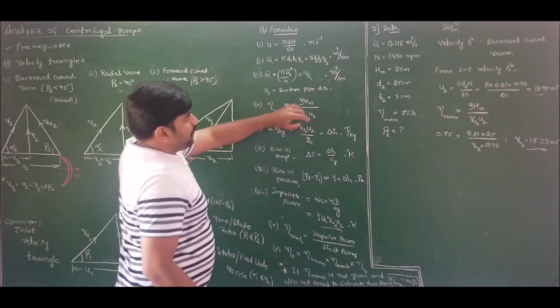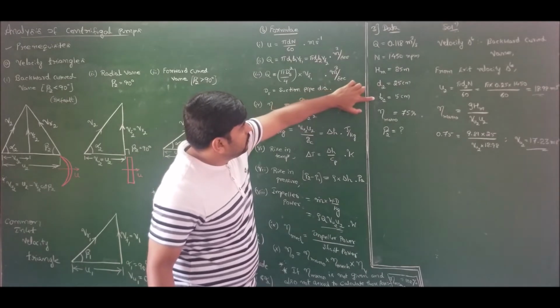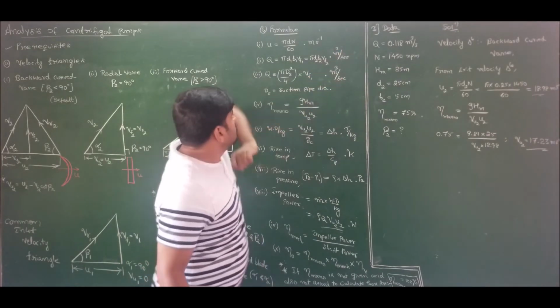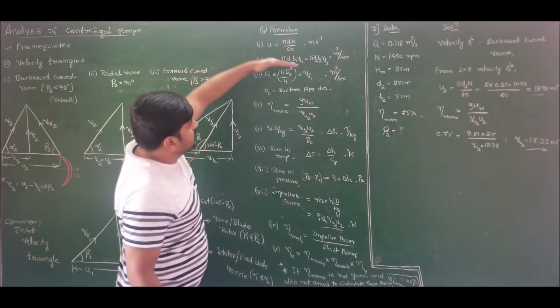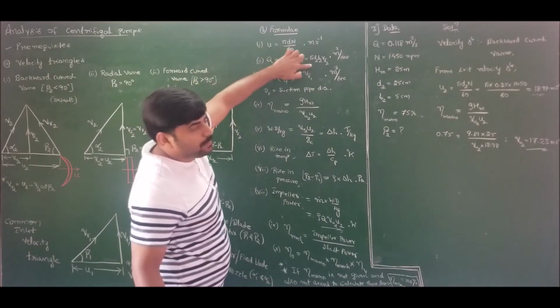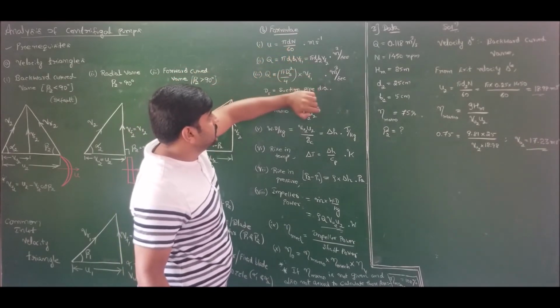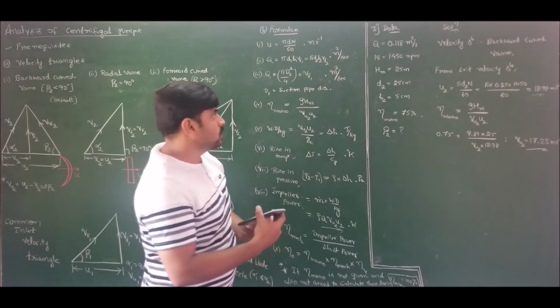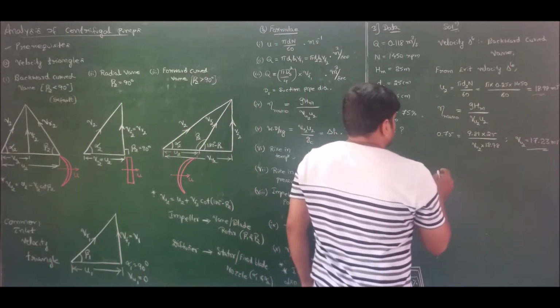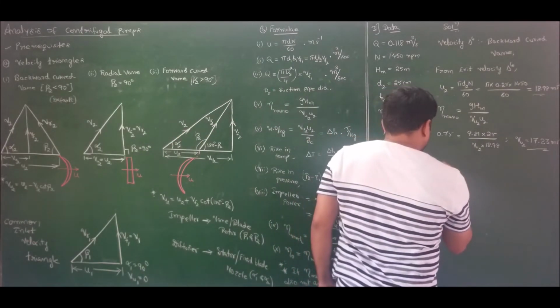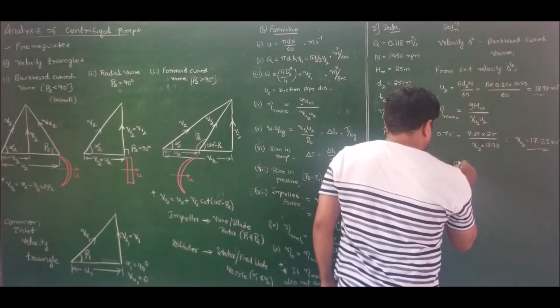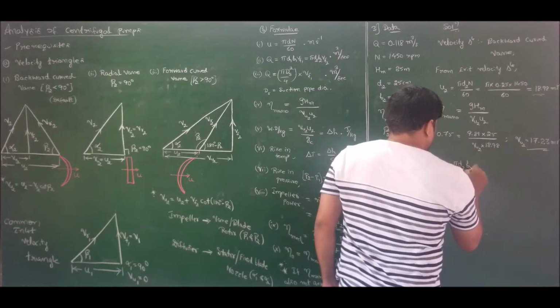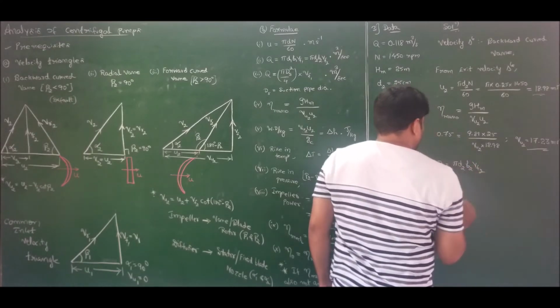Now we know impeller diameter, we know impeller width, and we know discharge. So use the discharge equation based on impeller diameter and width at exit, and I can find the value of VF2. We know Q is equal to pi D2 B2 VF2.